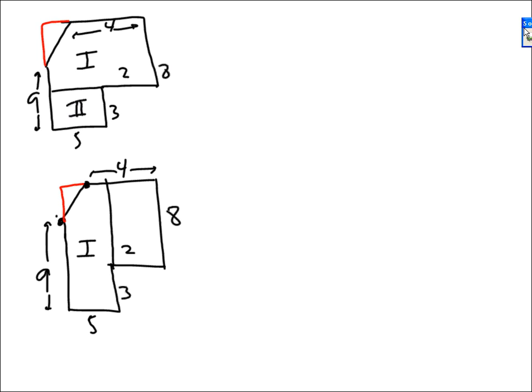The left piece will be area 1, the right piece will be area 2. And then in the end, I need to take away this area in most of the cases, because that's not part of their area.